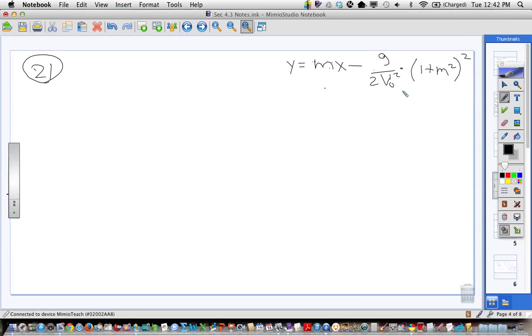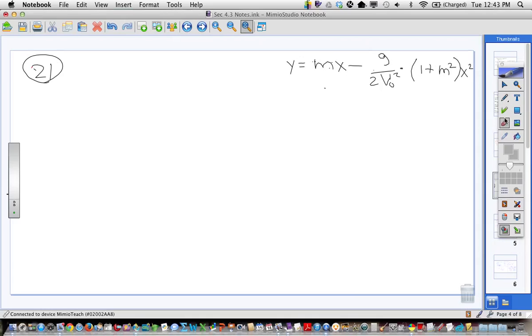I'm sorry, I wanted the one for part B, the equation for 19. Oh, that's right. There is an m squared in here, and you've got to do times x, and there's no squared on this.